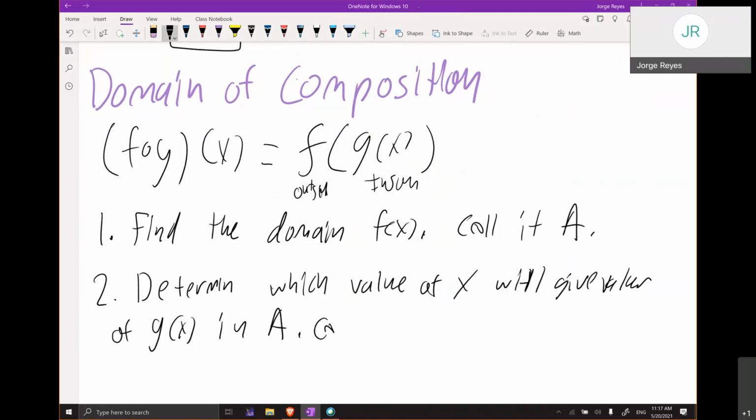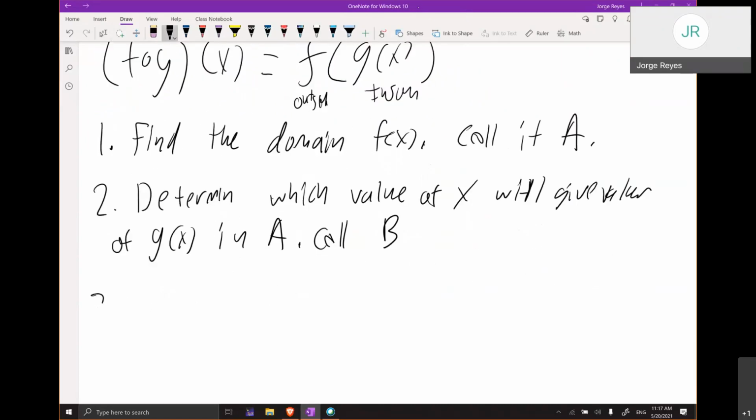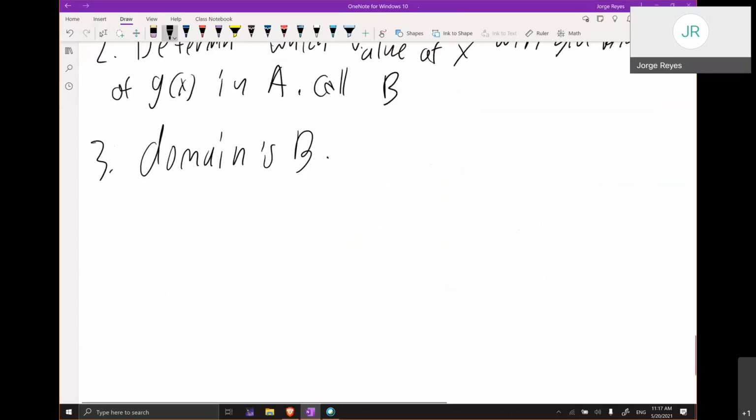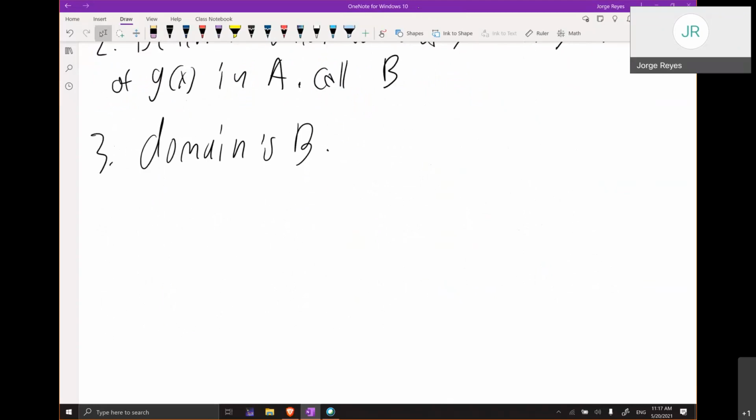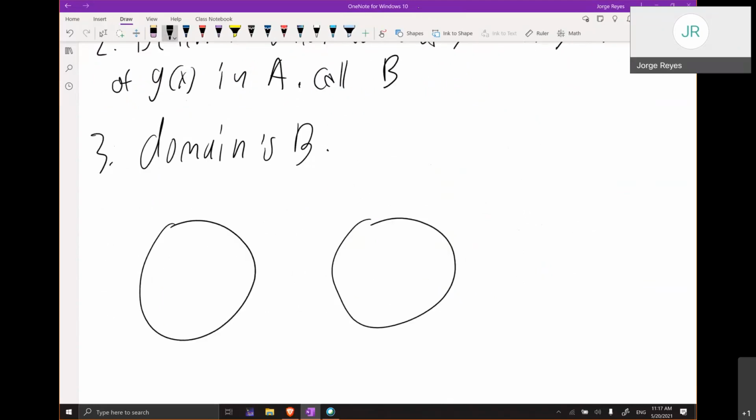And you call that B. And then the domain is actually B. All right, so that's extremely confusing. So let me just graph it out for you. Remember this, when I was saying this is what a function is.